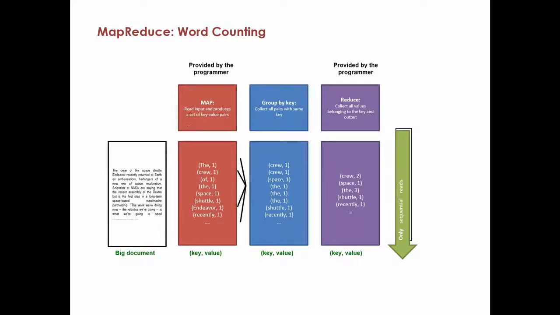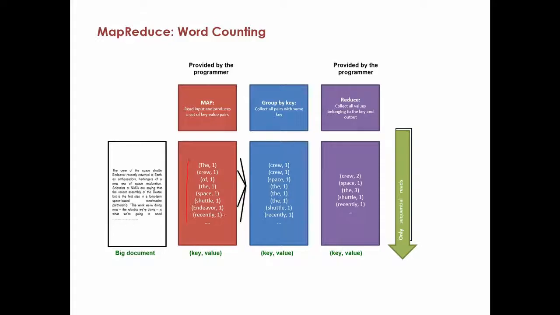After tokenizing, it is going to produce a list of words, which are the keys here, and also the count of each.